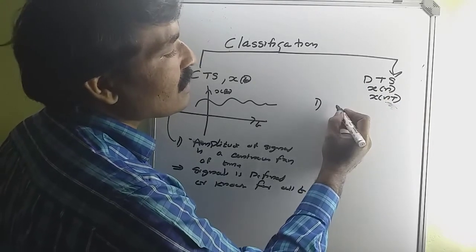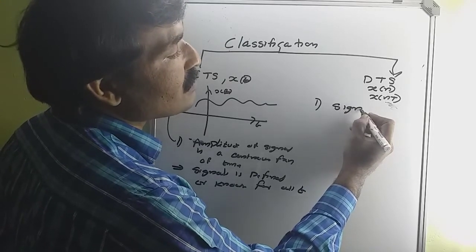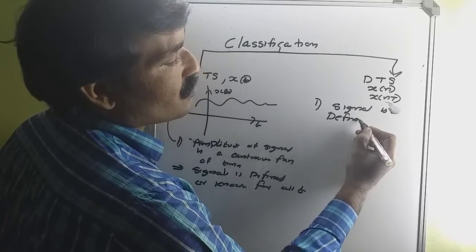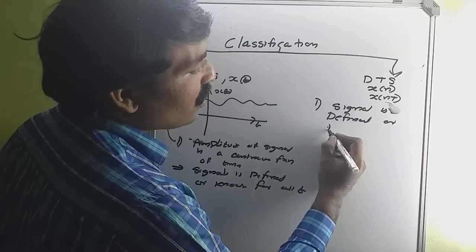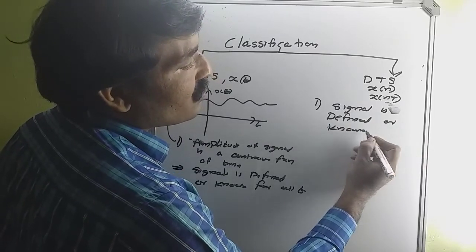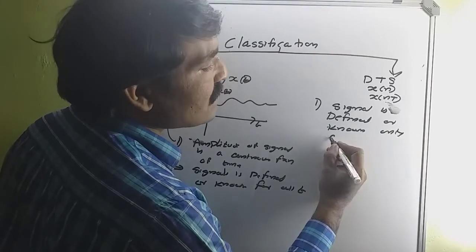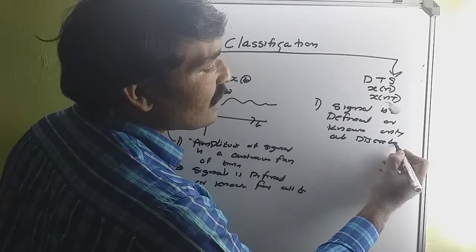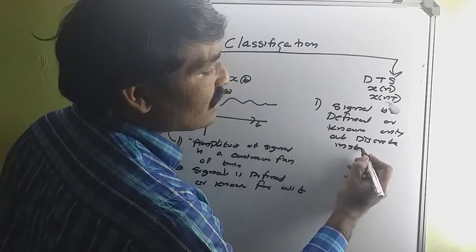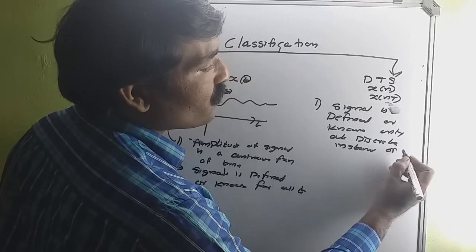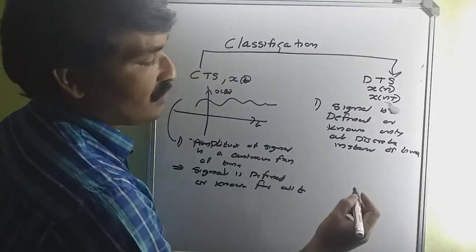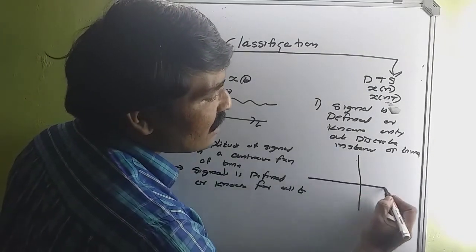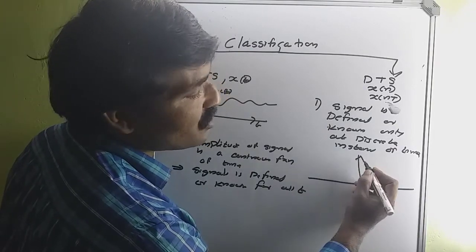This signal is defined or known only at discrete instants of time. Right. Now we can represent a discrete time signal as a time sequence.